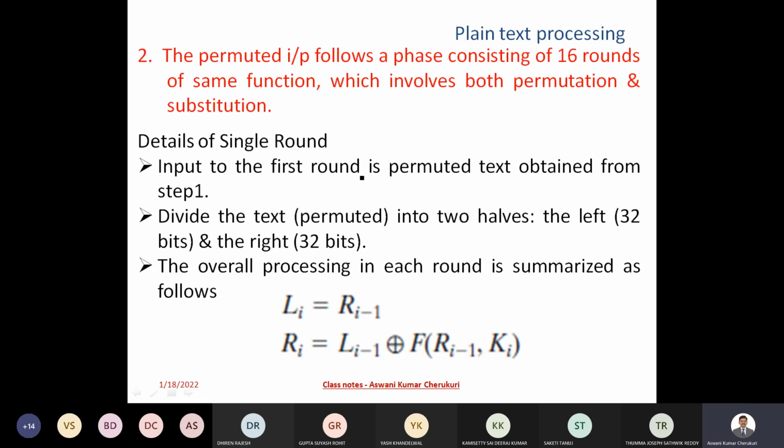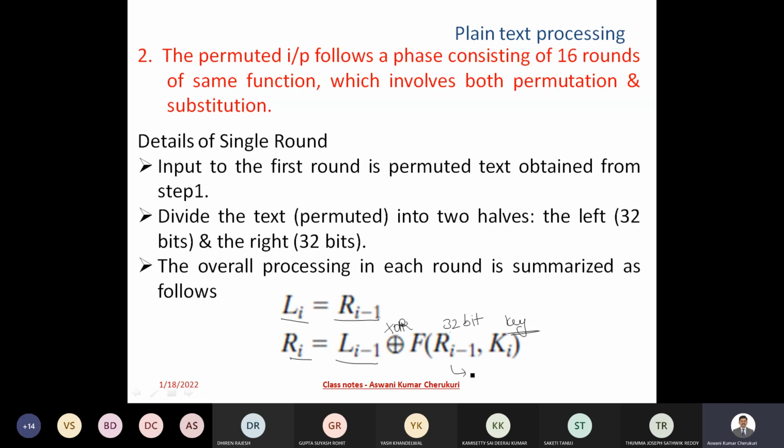Now the overall processing of that round can be summarized like this. If it is not the first round, the current left is the previous right. Once you complete the first round, the previous right forms the new left. The new right is the previous left combined, with an XOR operation, with the result of some operations on the 32 bits of the previous right half with the key.